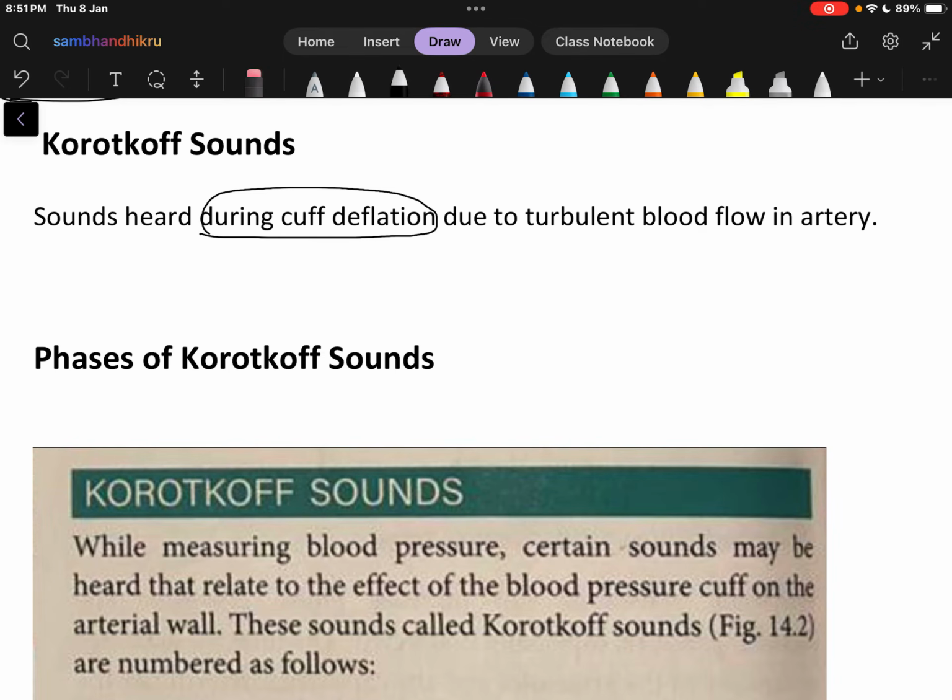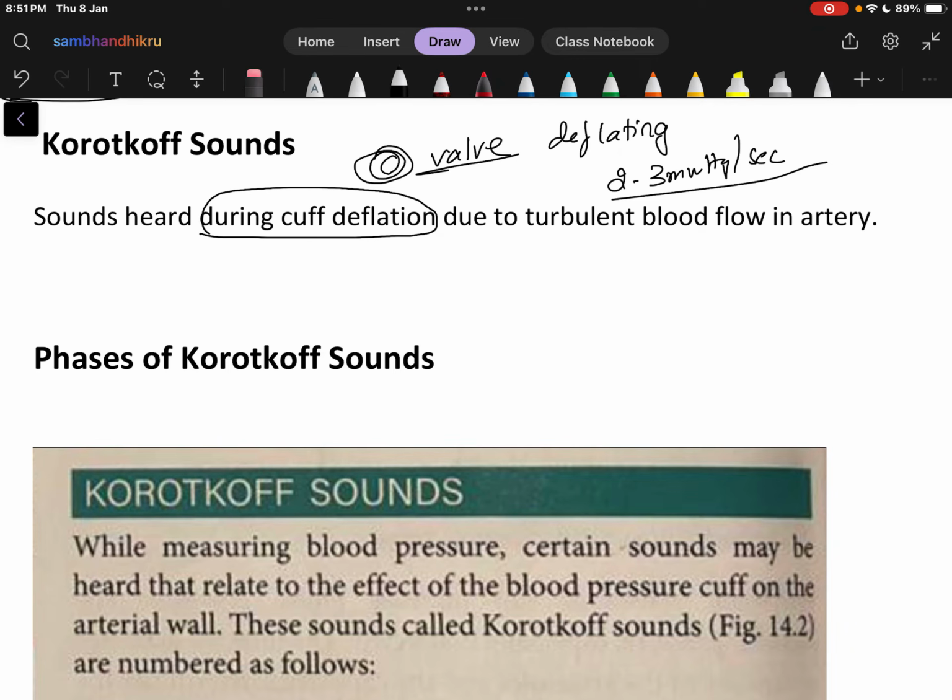When you are rotating the valve anti-clockwise, at that time you are deflating very slowly. Sir, how much speed do we need to deflate? 2 to 3 mm of Hg per second. Don't do it fast. Clear? Okay.